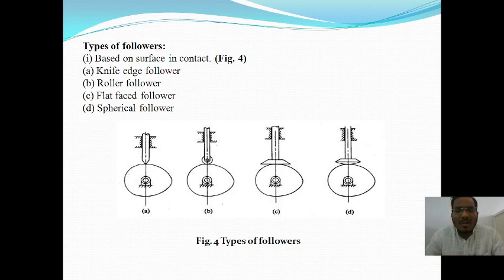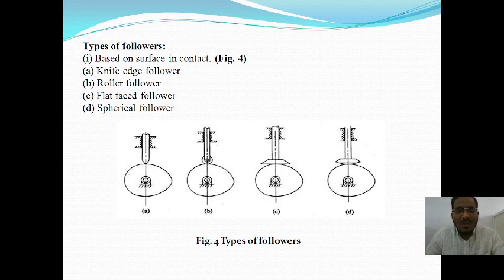And the flat face follower and the spherical follower. About these two types of follower, the question may not come as a problem, but in VSAQ and SAQ you will get a definition of the concept. So I will tell you about all these definitions of followers as well as the problems.